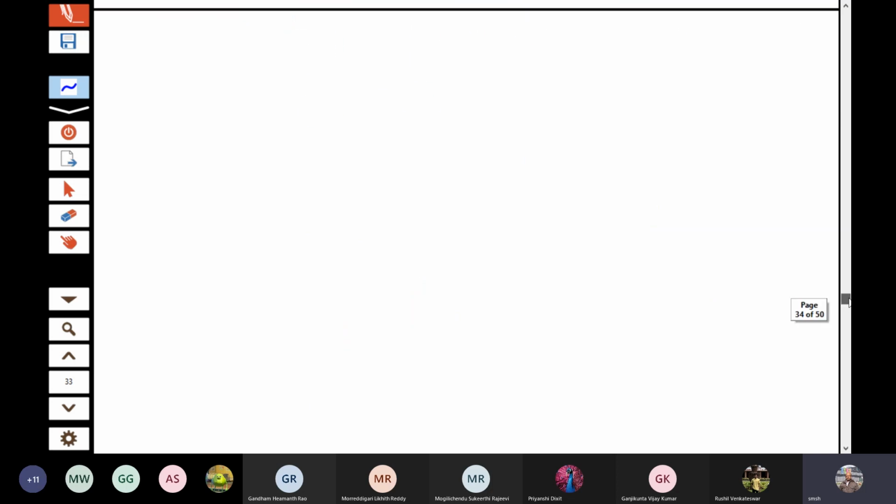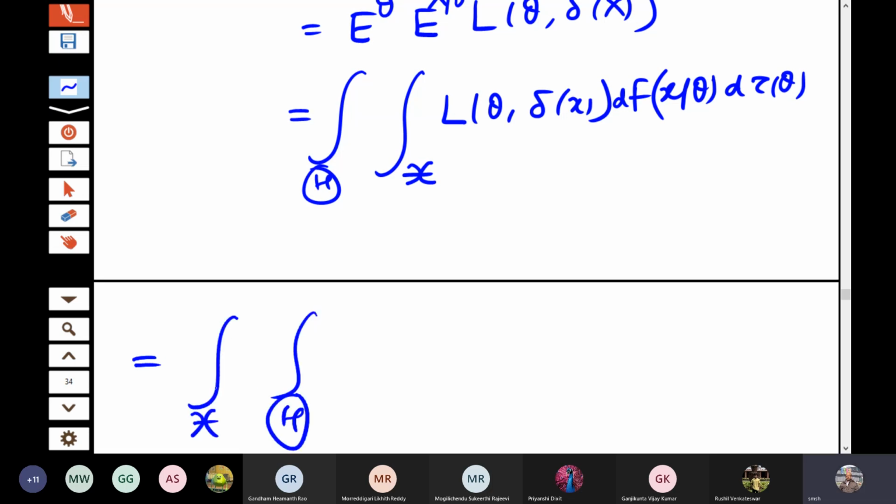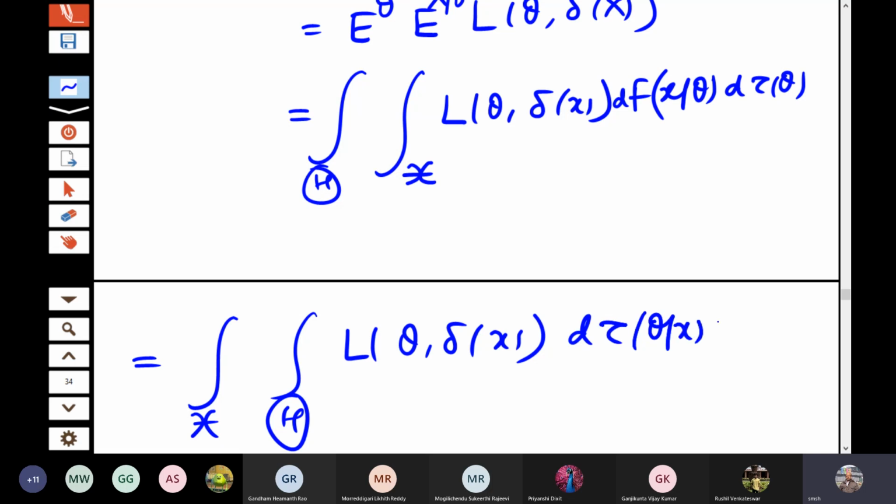If we can allow the interchange in the order of integration or summation, so I am writing this in some general form. In place of f x theta, you can actually write even dF here, so that we can take care of both discrete and continuous. Suppose we can interchange the order of integration. In that case, we can write it as d tau theta given x.